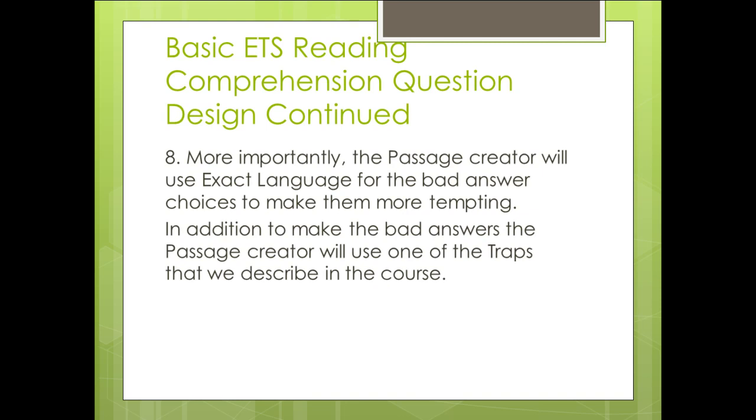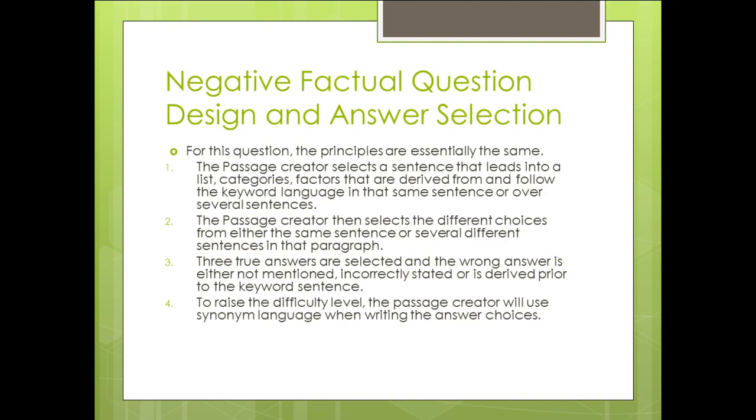When the test creator is going to make up bad answers, they use a lot of exact language because they know exact language is something that attracts students, and they have to make the trap questions look very good. They look like that big piece of cake that you can't have. For the negative factual questions, the same basic principle.